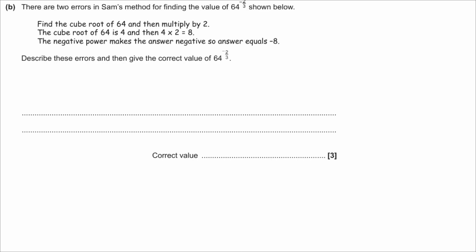So if we go and look at this, we've got 64 to the power of minus 2 over 3. Now, whenever you see a negative power, you think reciprocal. So you go 1 over your number, which is 64. You then put it to the power, which is 2 over 3. Okay, so negative power, you always take the reciprocal, so 1 over. So the negative power does not make the answer negative.